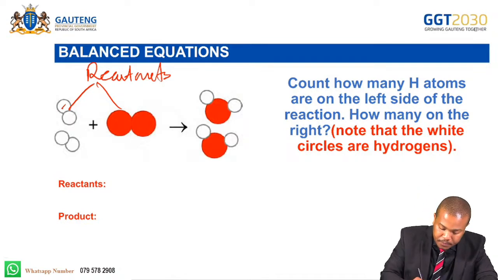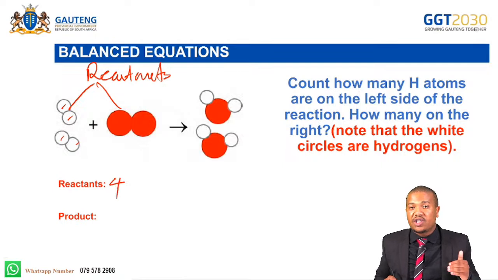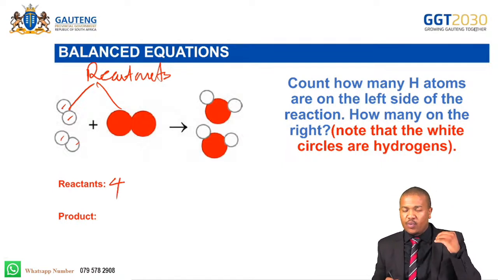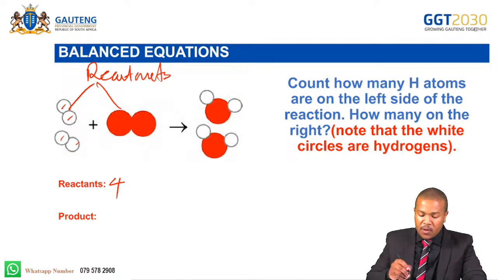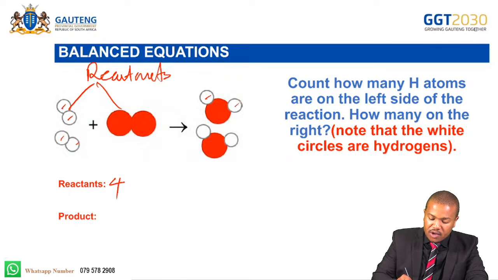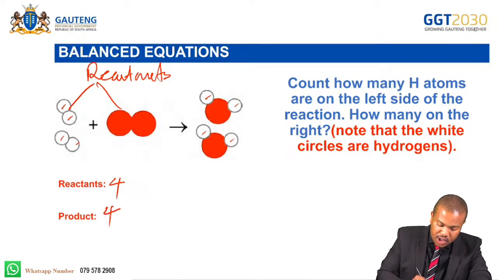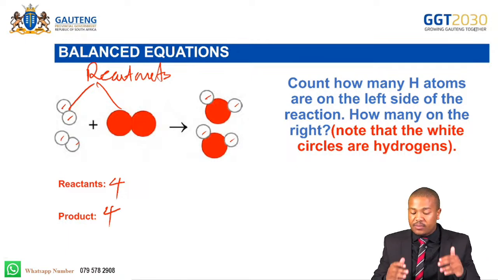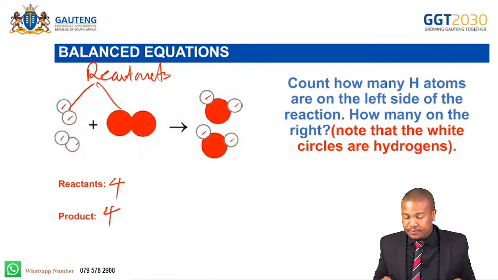We have 4 hydrogens on the reactant side. Then on the product side, we need to count again how many hydrogen atoms we have. We have 1, 2, 3, 4 again. So the number of hydrogen atoms balances on the reactant side and the product side.